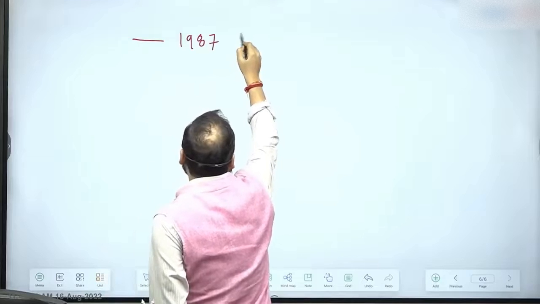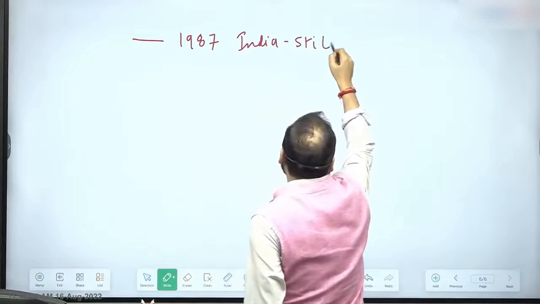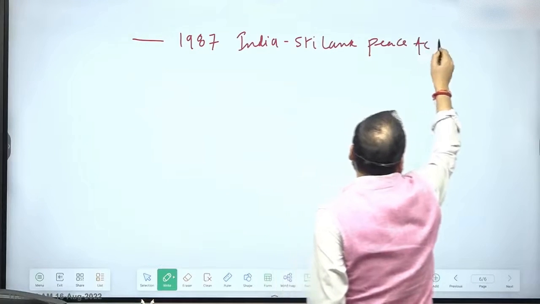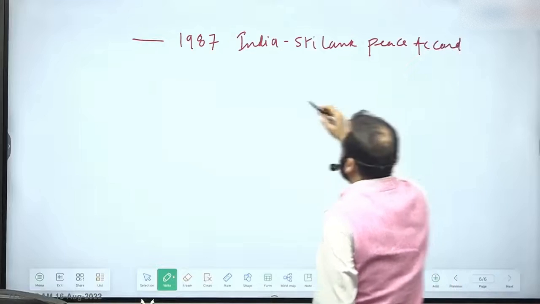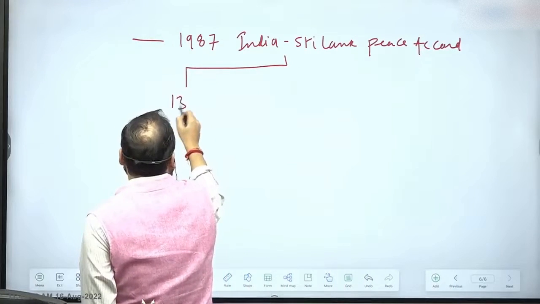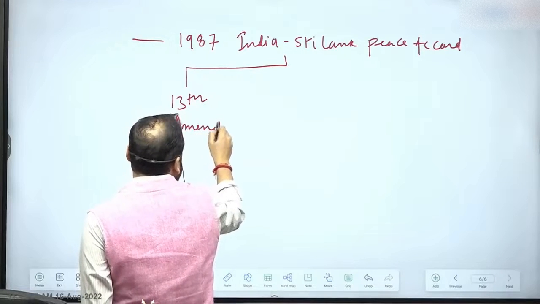1987, the India-Sri Lanka Peace Accord. The accord led to the constitutional formula of what is called the 13th Amendment.